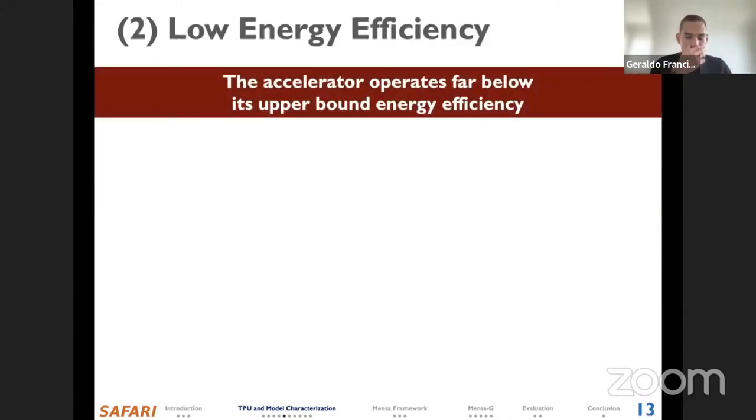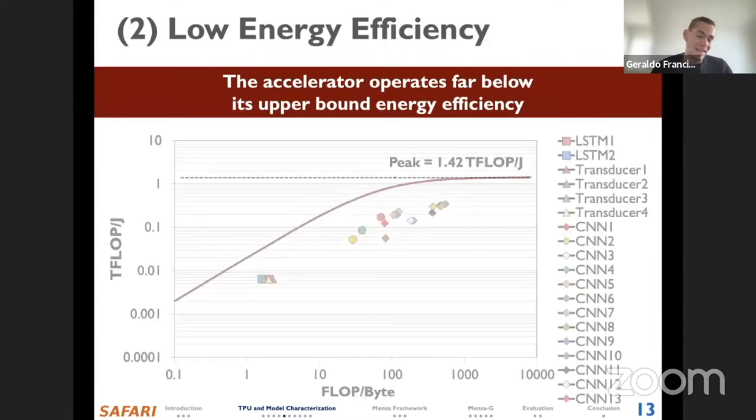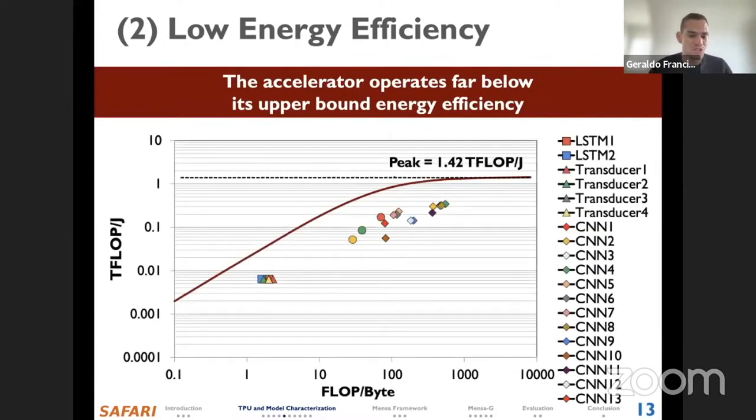Second, we observed that the HTPU accelerator operates far below its theoretical maximum energy efficiency. Again, here we have a roofline model to illustrate such an issue. This time around, the y-axis shows the energy efficiency of different models while executing inference on the HTPU in teraflops per joule. The peak energy efficiency of the accelerator is 1.42 teraflops per joule.